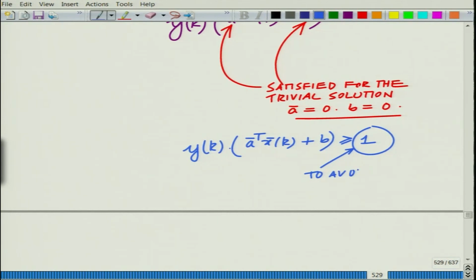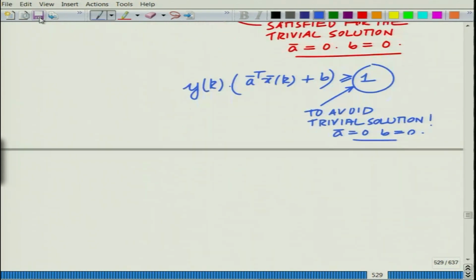This is to avoid the trivial solution. What is the trivial solution? A bar equal to 0, b equal to 0.